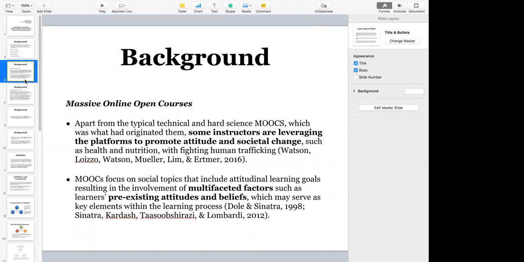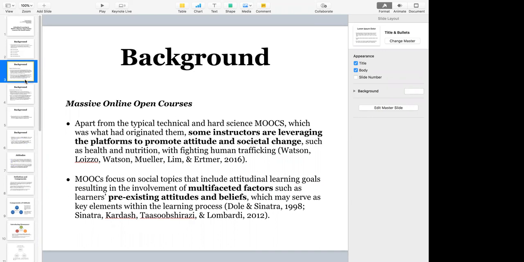Okay, so more background. Apart from the typical technical and hard sciences that MOOCs first started with, it really was from these Ivy League courses where they said, we're going to provide coding courses for free for everyone in the world. That is what originated them.